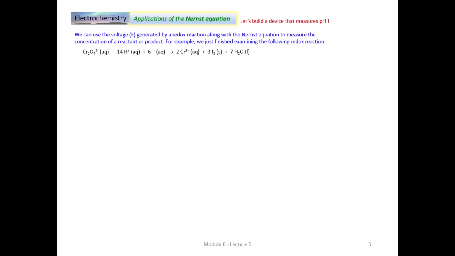For example, we just finished examining the following redox reaction, where dichromate, in the presence of acid, oxidized iodide to iodine, resulting in the reduction of dichromate to chromium 3+, and water is also produced.